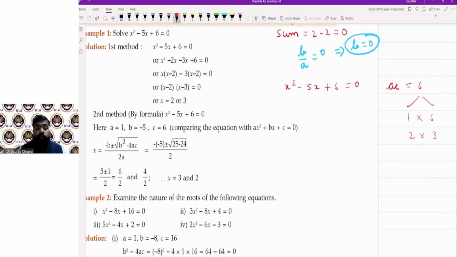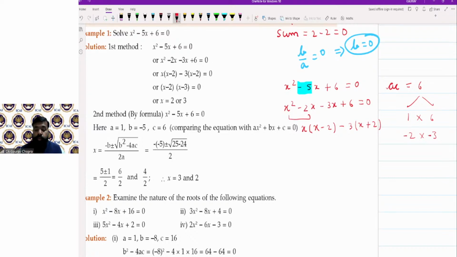So we have to get -5 this time because minus is available before 5. So हम values क्या consider करेंगे? -2 and -3. So sum of -2 and -3 is -5. So x square minus 2x minus 3x plus 6 is equal to 0. Now we can take common. X will be common, and on the other side -3 will be common.